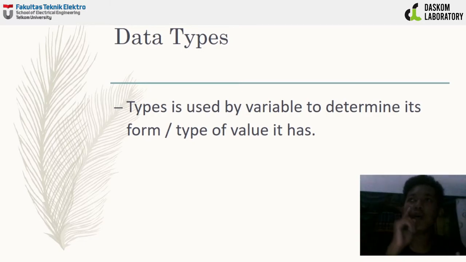You think, what should this variable contain? Like name, it must contain my name, so it must contain characters, alphabet. So the data type of the variable name is character. I'm going to explain it next.